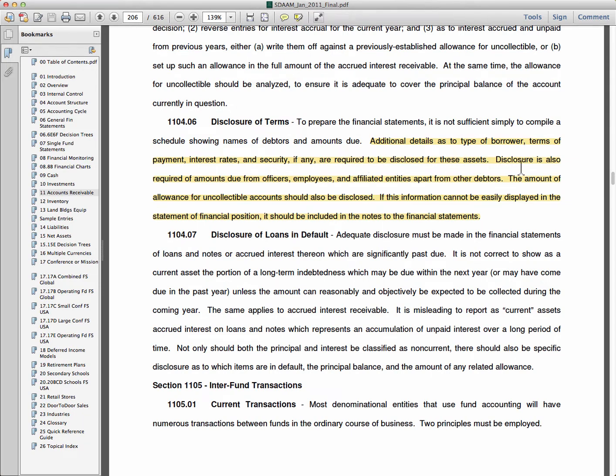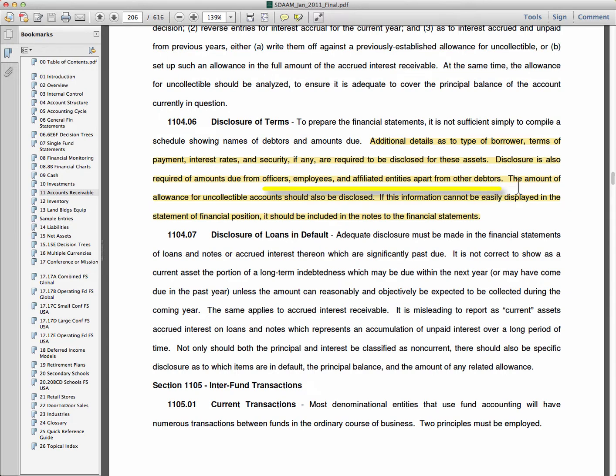Disclosure is also required for amounts due from officers, employees, and affiliated entities apart from other debtors. So it's a little bit redundant here, but we basically have 4 categories: officers, employees, affiliated entities, and other debtors. So those are the 4 categories that we're putting them into.